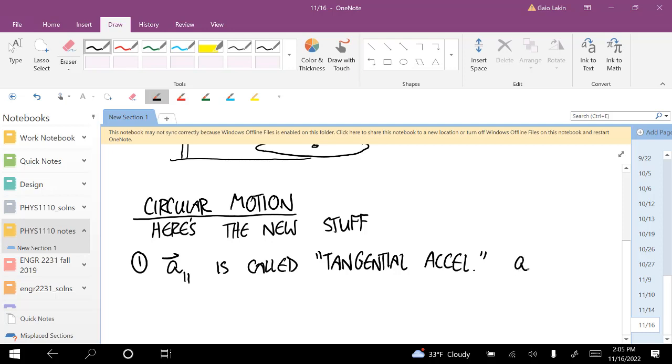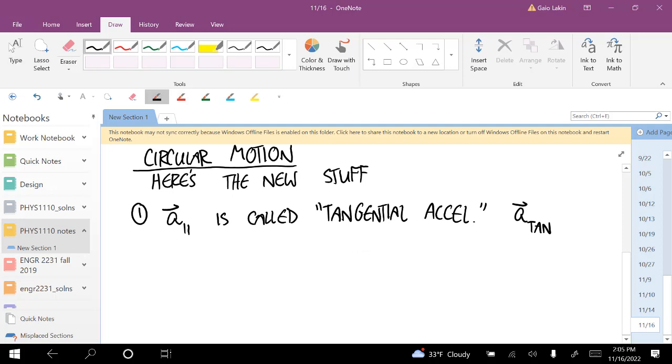So I'll always denote it as a vector A tan. Since it's an a-parallel, it only exists if the object is changing speed.